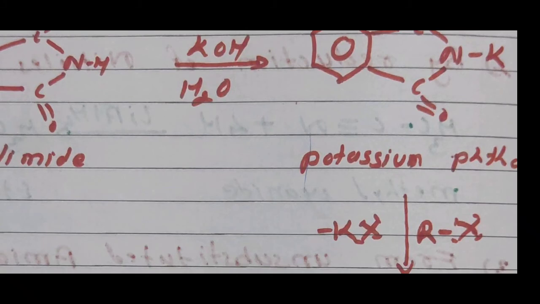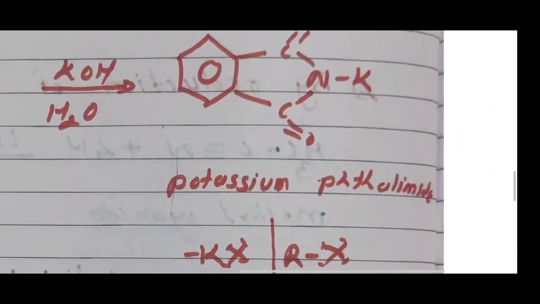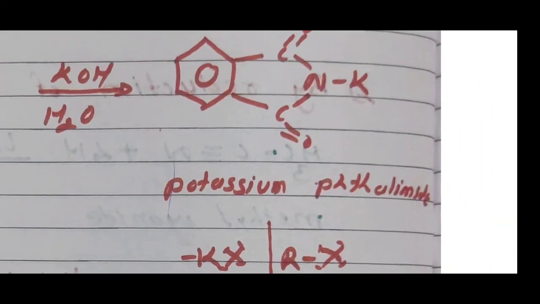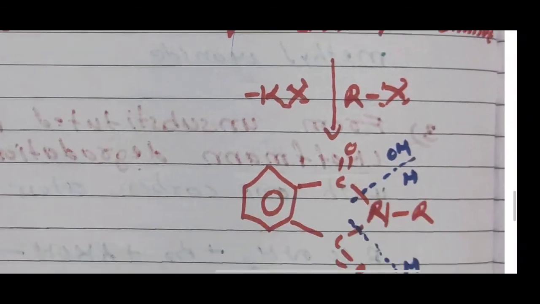Then this potassium phthalimide reacts with alkyl halide, RX. Here K from potassium phthalimide and X from the alkyl halide are released as KX, potassium halide.